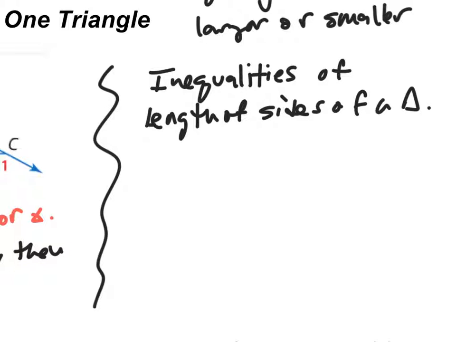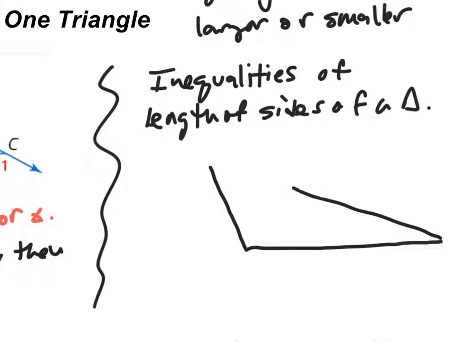What I want you to do is to draw a scalene obtuse triangle. So I'm going to draw a triangle that has an obtuse angle and a very long side like this. And so you can kind of tell which sides are longer, or maybe which angles are bigger.